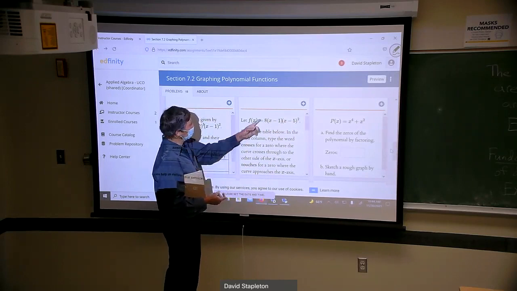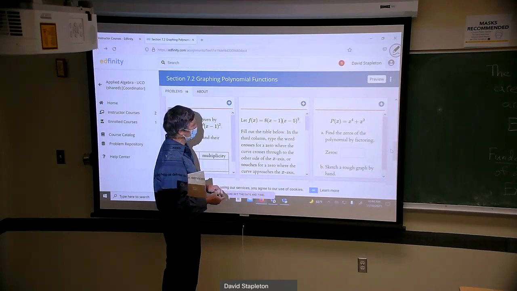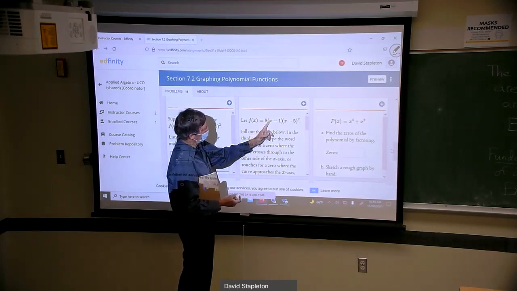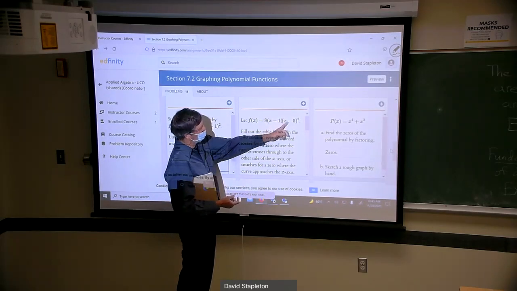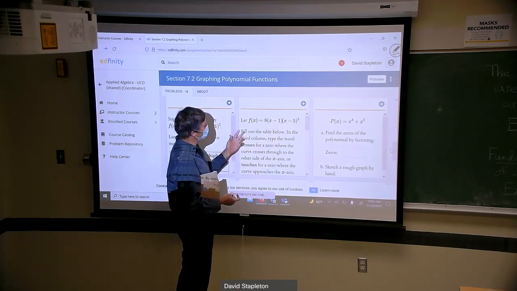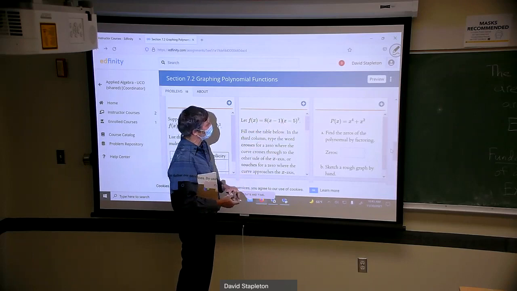These are also the places where the graph crosses the x-axis. You plot a few points and you make it cross the x-axis or touch the x-axis at x equals 1 and x equals 5. And we'll do that next time. But the zeros of the polynomial are related to its factorization.